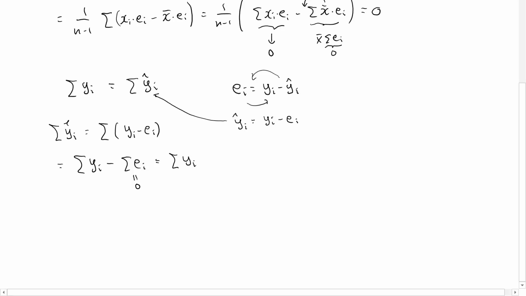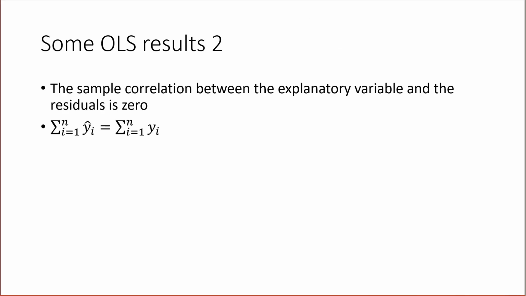Again, it makes no difference what the data looks like. No matter what the y values are, this will always be the case. We then have the obvious extension of this. If I divide both sides by n, then I get the average of the fitted values on the left hand side, and I get the average of the y values on the right hand side, and those must be equal as well.